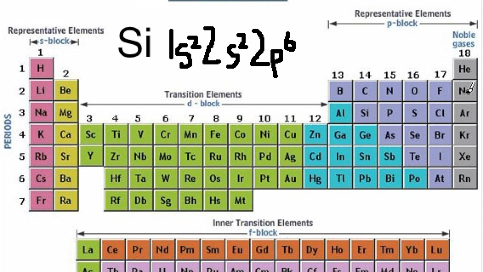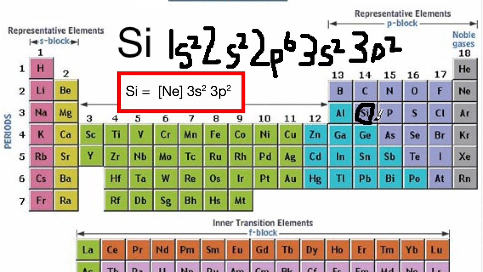And then after 2p6, we go back over here to 3s1, 3s2, and then over here to 3p1, 3p2. And that is the electron configuration for silicon.